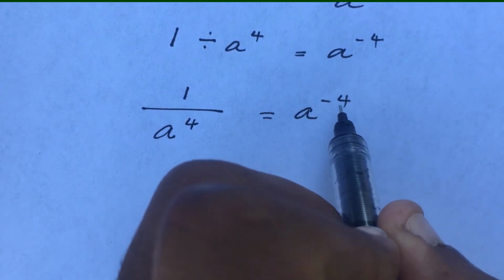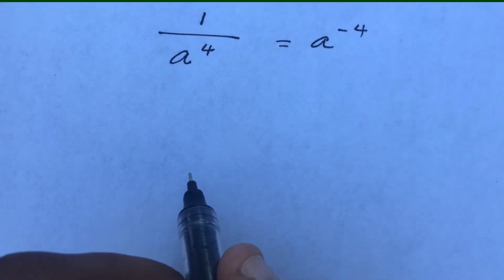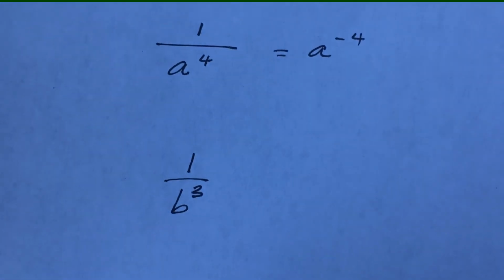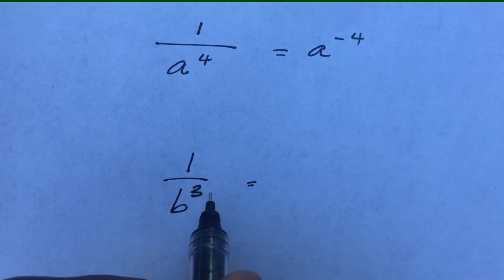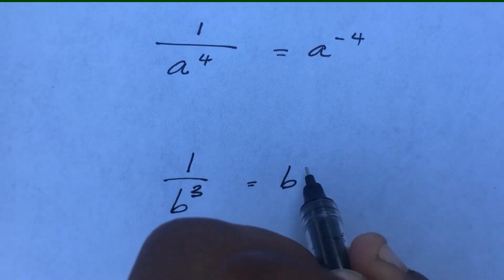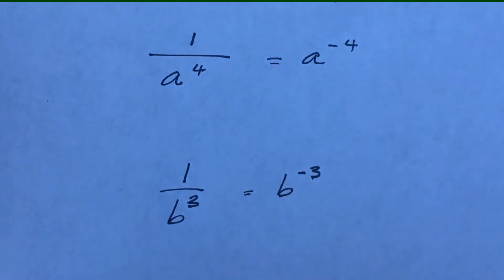See that? To a negative index. So for example, you might have 1 over b to the 3rd. What am I going to do to change the index to a negative? I'm going to have b to the negative 3. See? We're following the pattern.